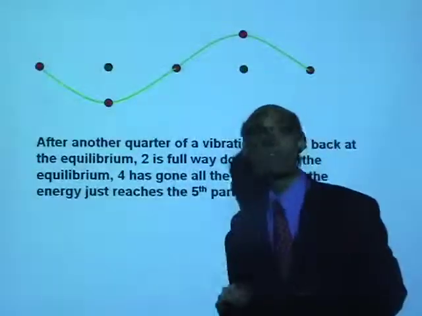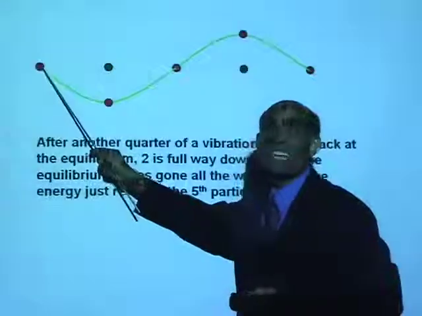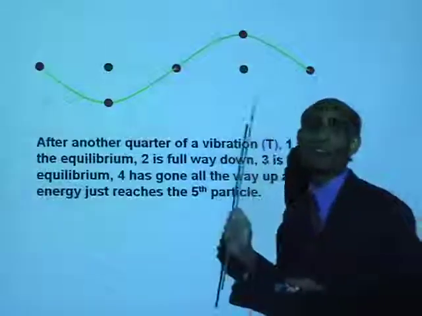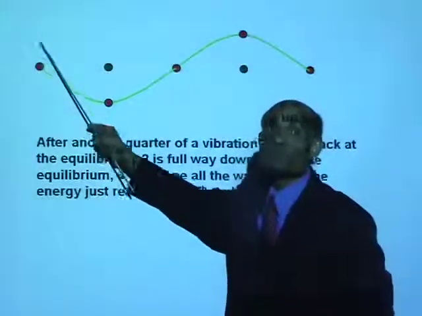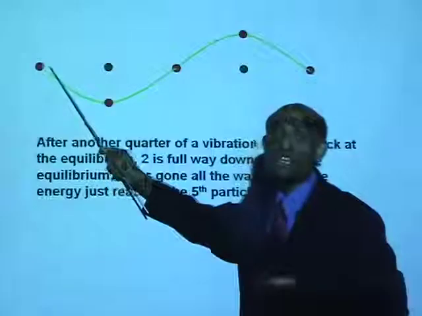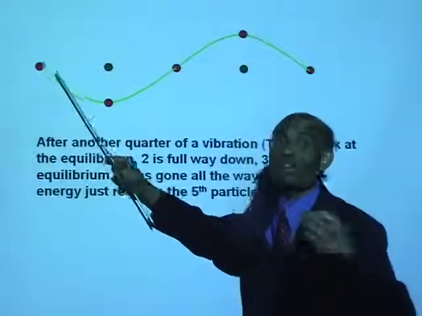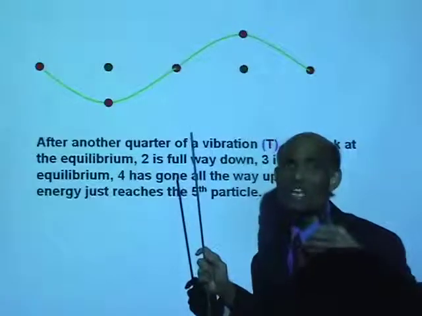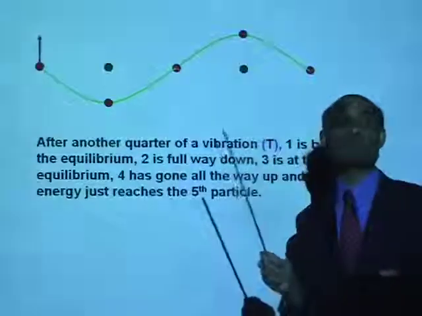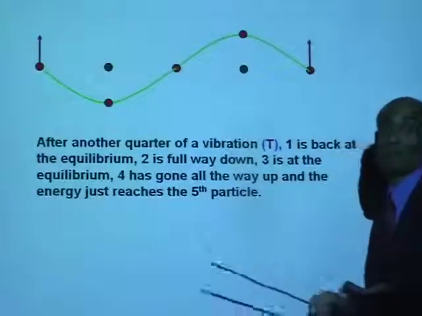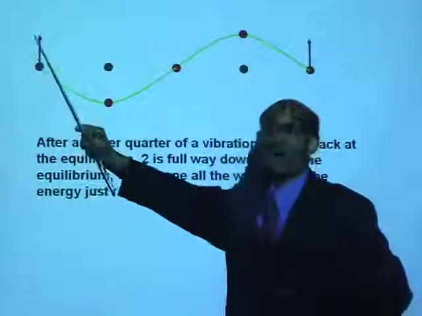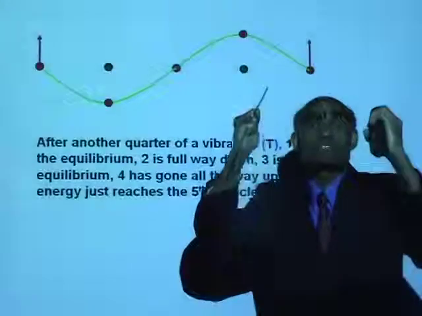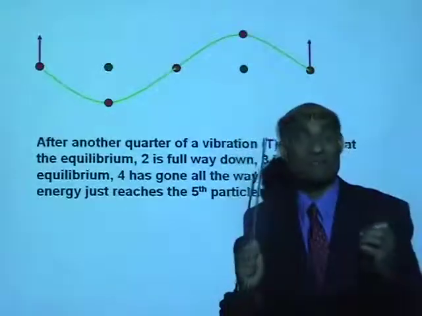And now, can you tell me, what is the state of vibrations of particles 1 and 5? Particle 1 has completed one vibration and is now ready to start the next vibration. And particle 5 has just received the energy, it is ready to start vibration. Is that right? Yes, that means particle 1 and particle 5 are going to be in the same phase of vibration.